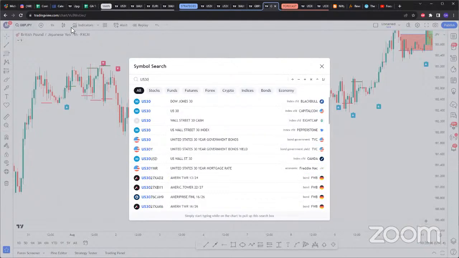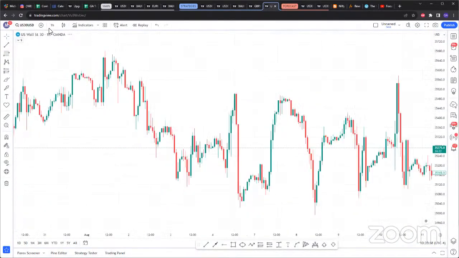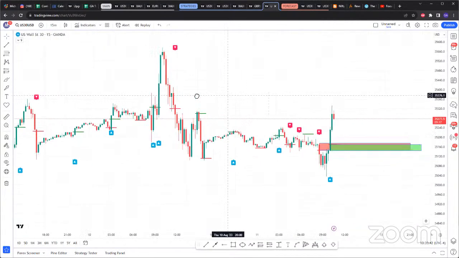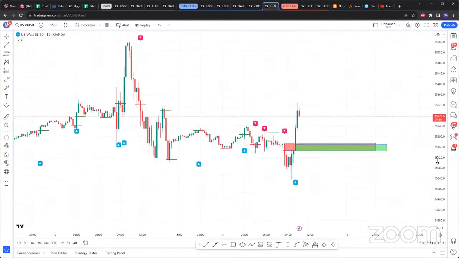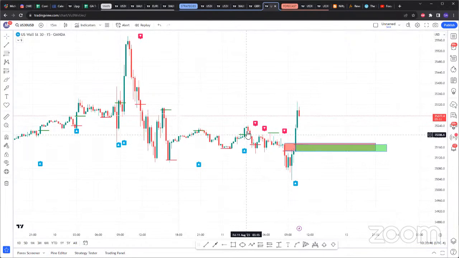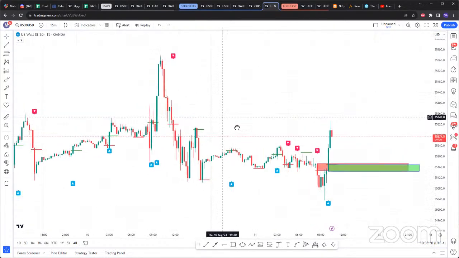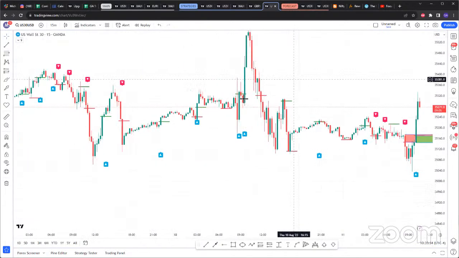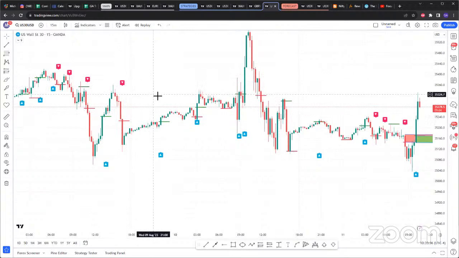So US 30, for example, and this would be on the 15-minute, right? It's not really waiting for that double candle closure above an SR zone. So it's mostly taking the first candle closure. So I don't know if I'm going to proceed with this, because it's ideally not.